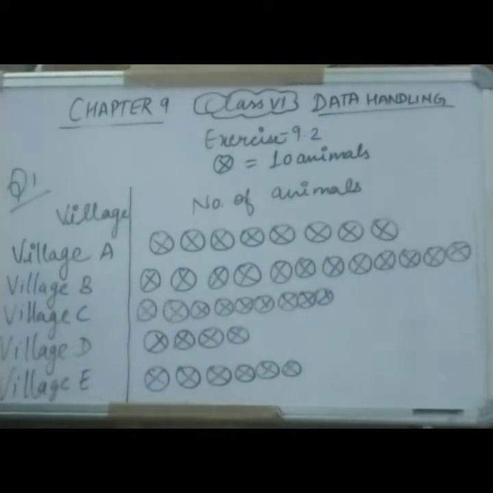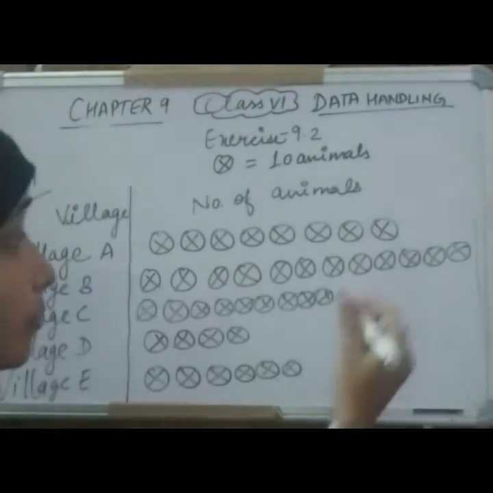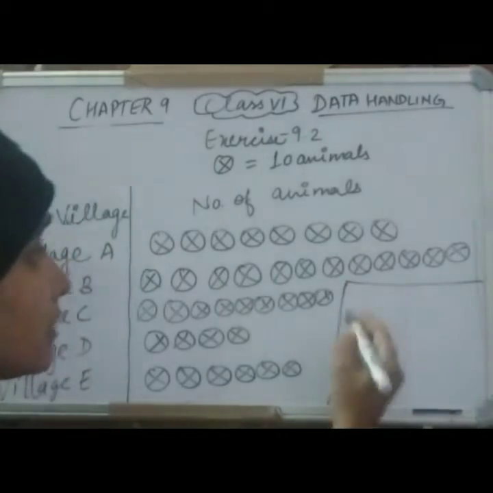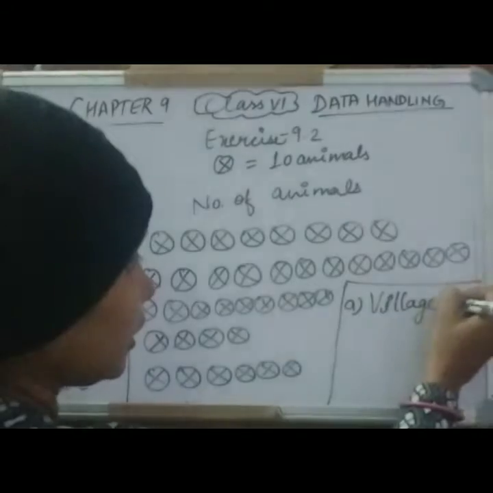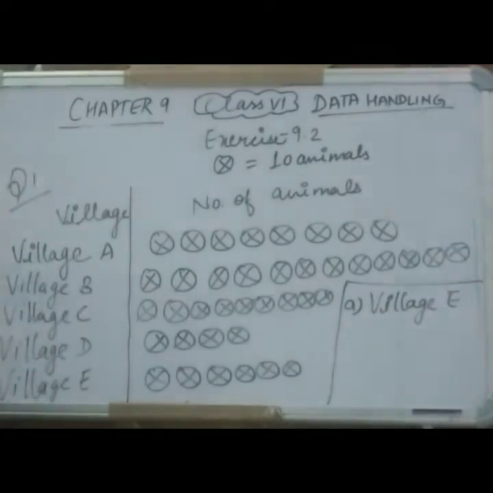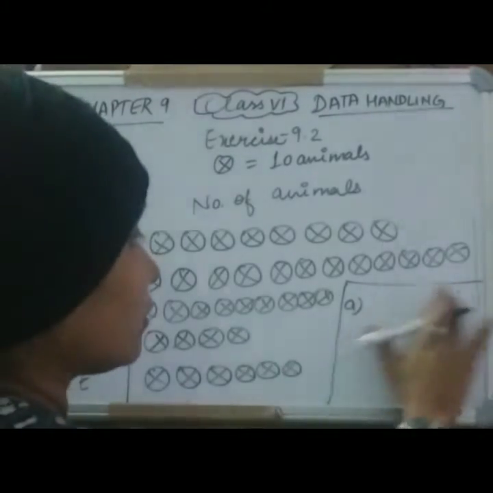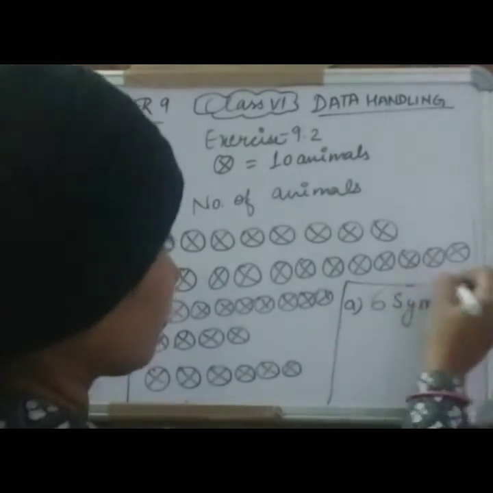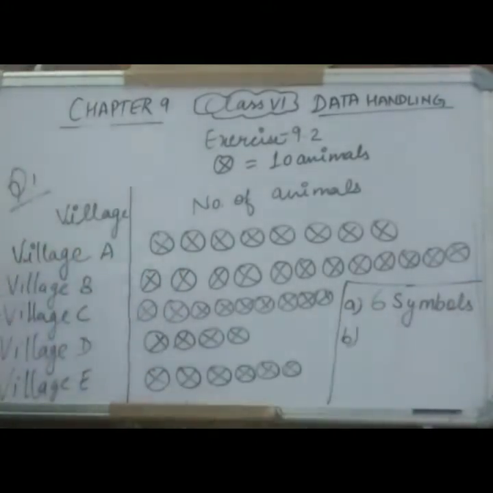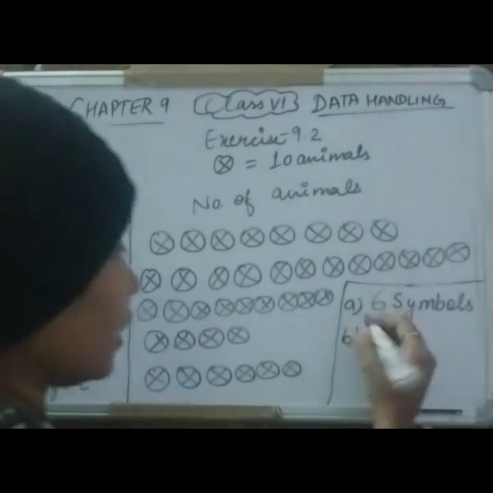Next is which village has the maximum number of animals? If you see here, it is village B.